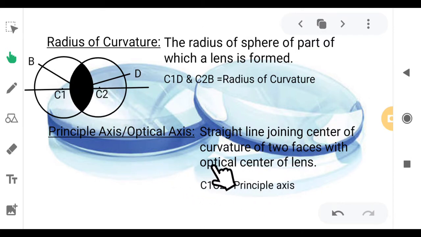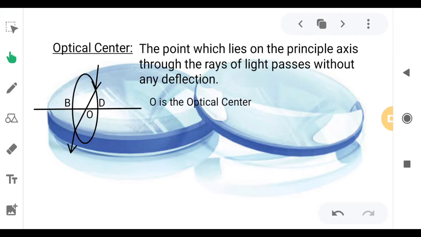Now what is optical center? Let's discuss. Optical center is the point which lies on the principal axis through which the rays of light pass without any deflection. So optical center is a point which lies on the principal axis.